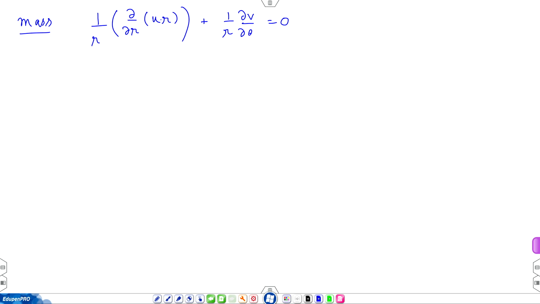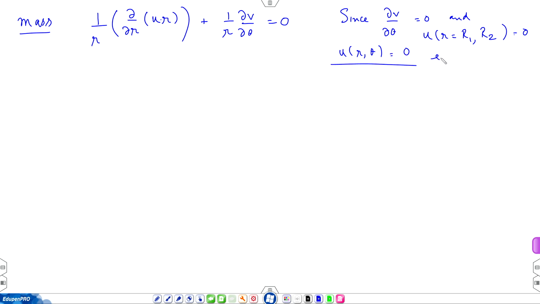So, you get u r equal to 0 at r 1 and r 2, and the transverse velocity is 0.